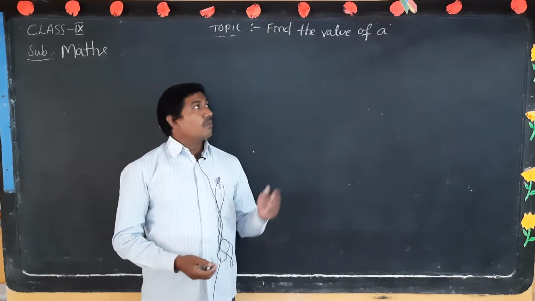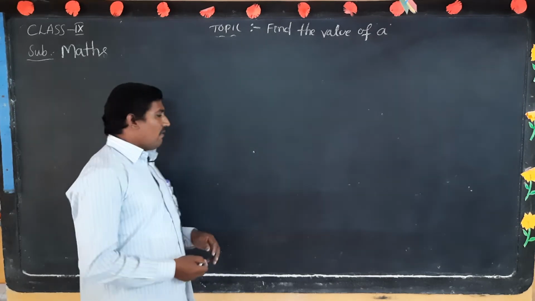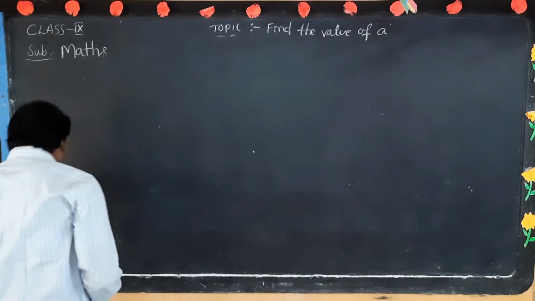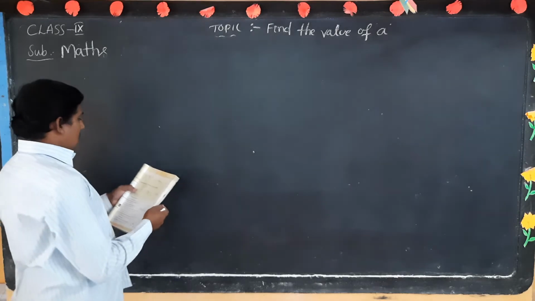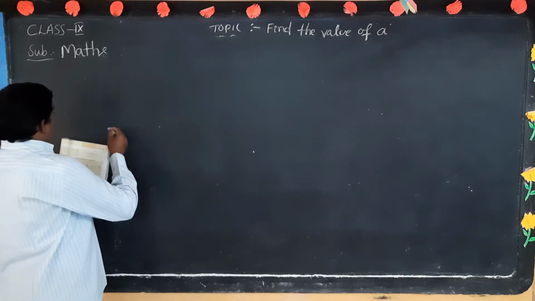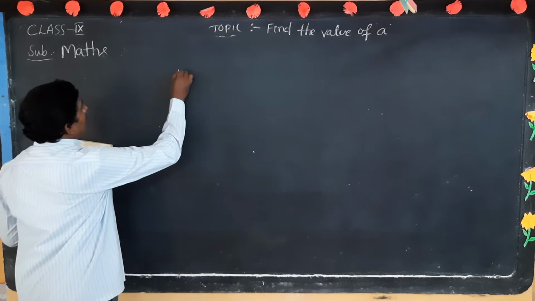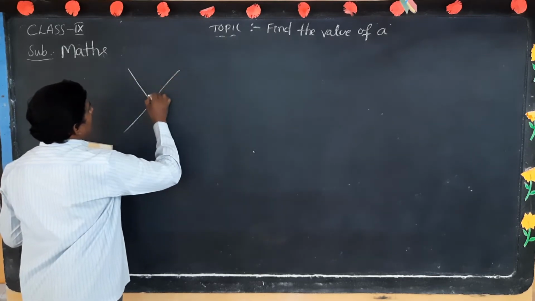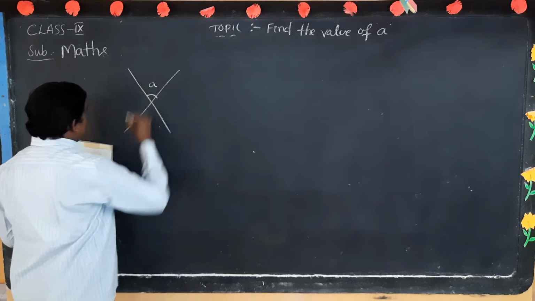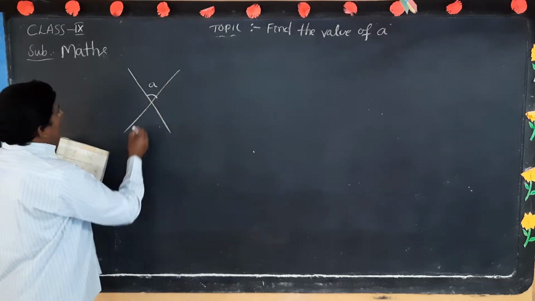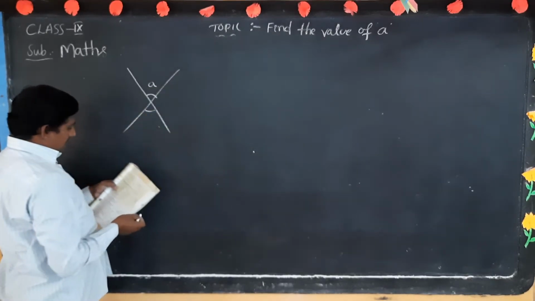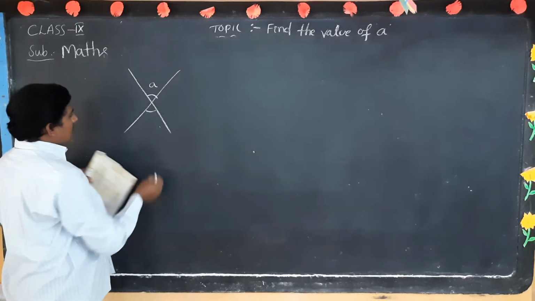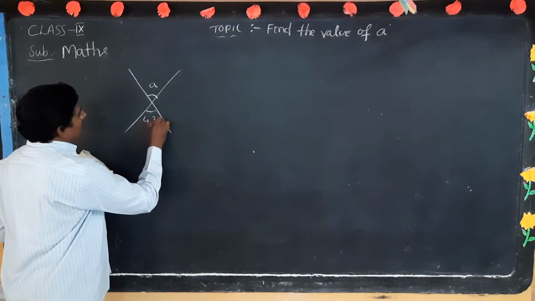Last class we discussed vertically opposite angles, complementary, supplementary, and linear pair. Today we will discuss some problems like find the value of A. See, they have given a diagram here. This is A and here they have given 43 degrees.